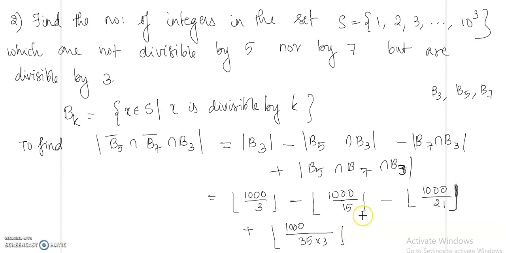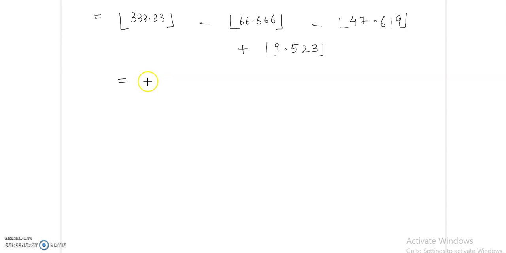So this is the required value. So let us find the corresponding values. So the corresponding integer part is 333 minus 66 minus 47 plus 9. So we'll get the value to be 229.